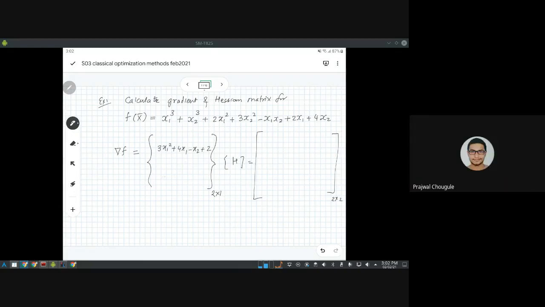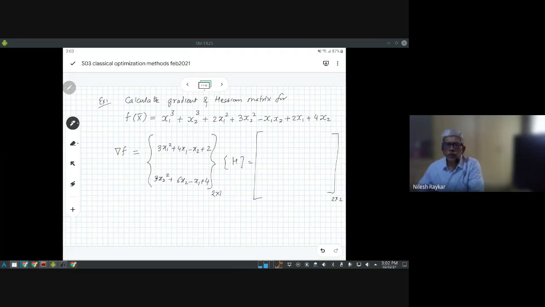And then 3x2 square plus 6x2 minus x1 plus 4. That's right. So I hope everybody is getting the same, those who have tried. This is nothing but del f by del x1, and this is del f by del x2.